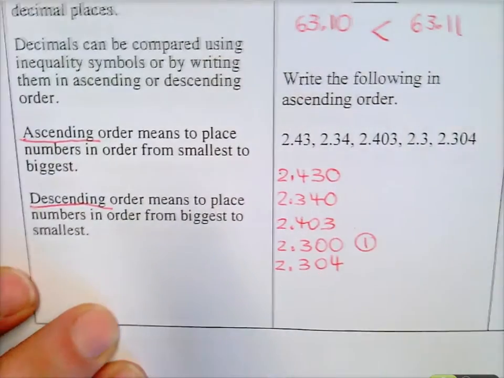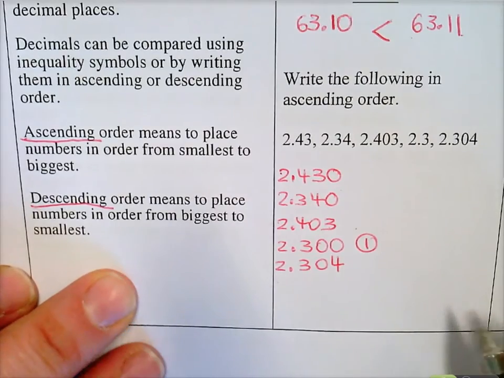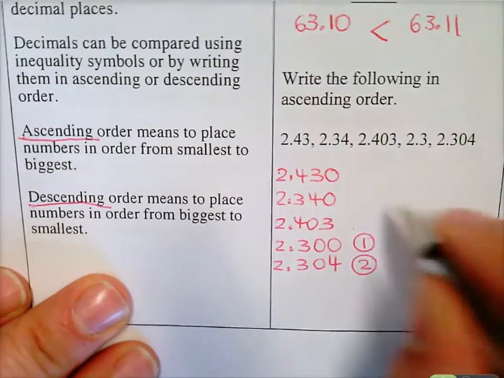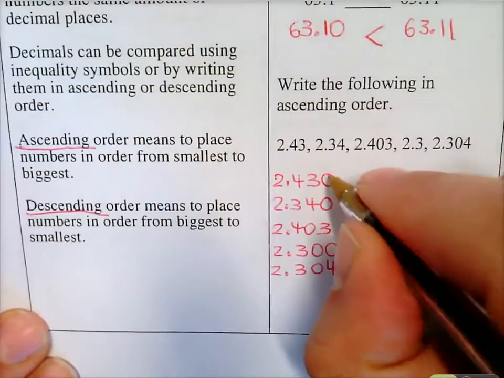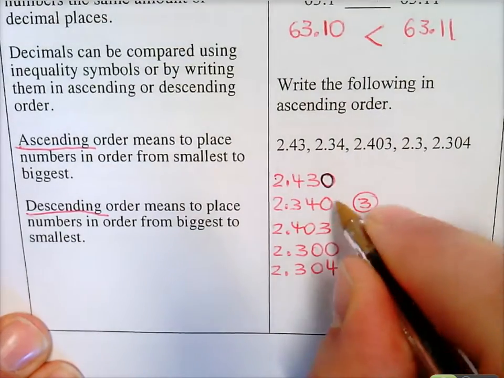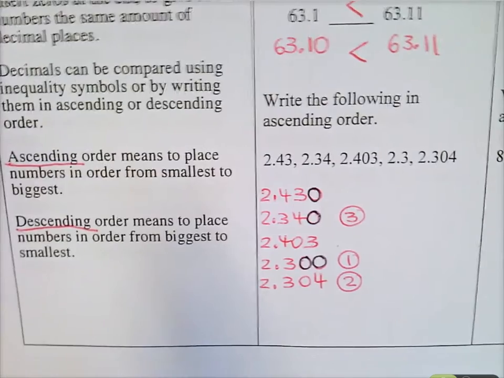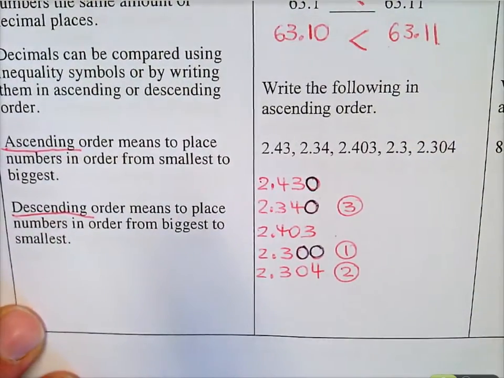Number 1. Number 2 is? What's the next smallest? 340. Number 3. You know what you might actually do, girls, is put your extra digits that you're adding in a different colour so that you know what the original numbers were. Do you know what I mean? What's the next smallest?